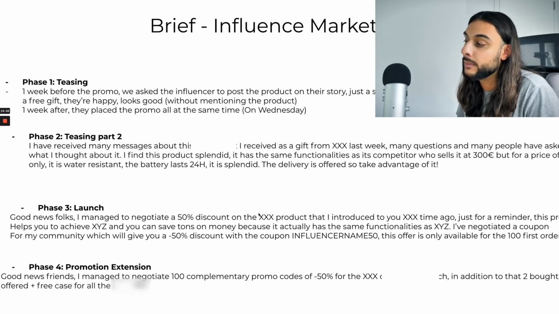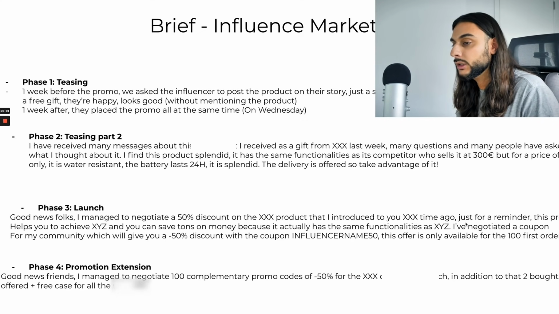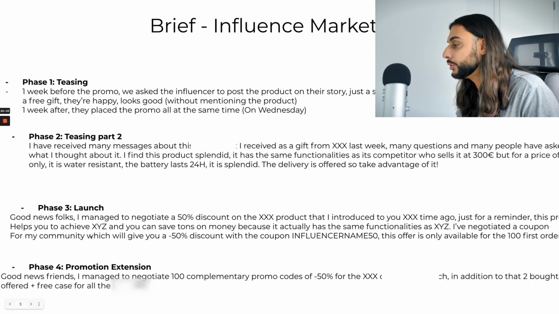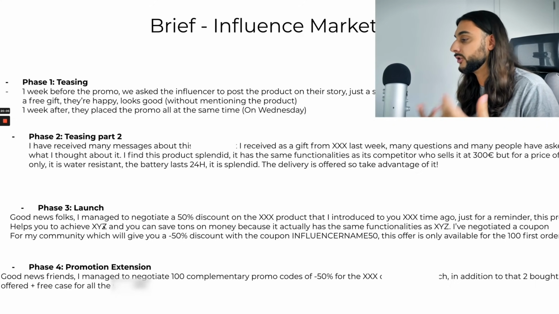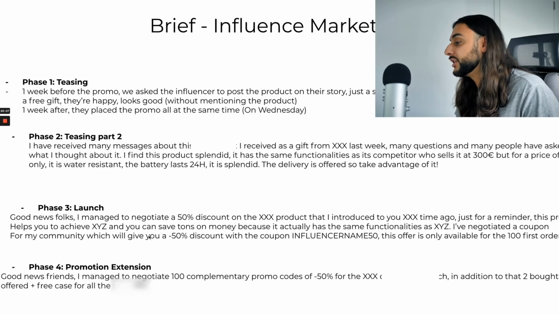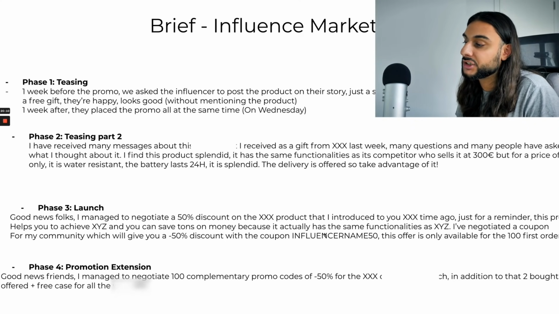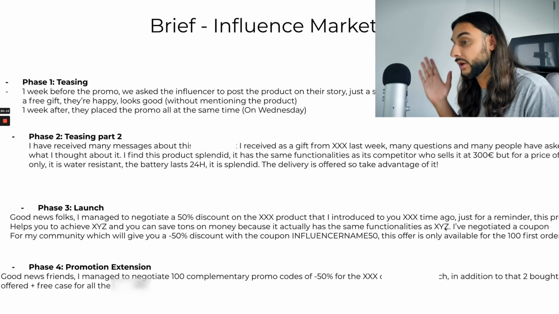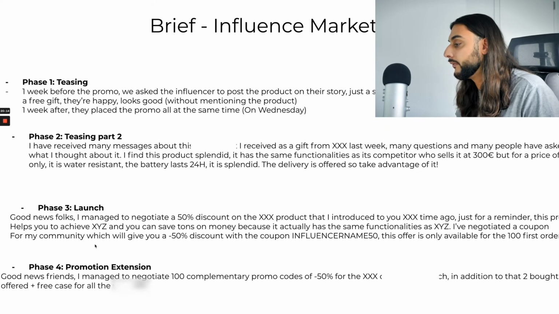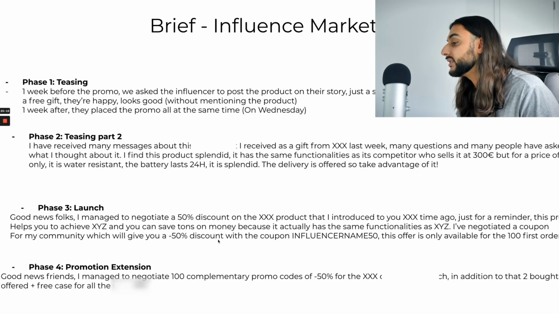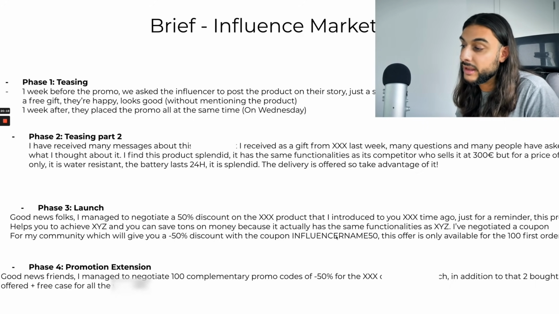They're just talking a little bit about what the product is, and they're introducing it again. Just as a reminder, this product helps you achieve X, Y, and Z. So whatever the benefits of your product are, that's what it helps you achieve. And you can save tons of money because it actually has the same functionalities as the competitor. I've negotiated a coupon for my community, which will give you 50% discount with the coupon and then the influencer's name, then 50%.